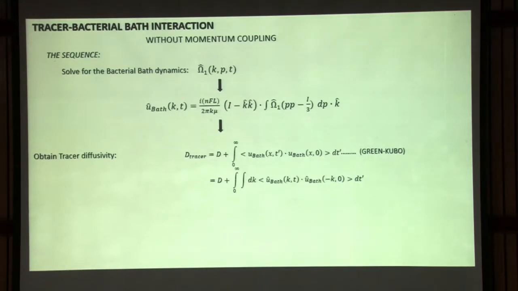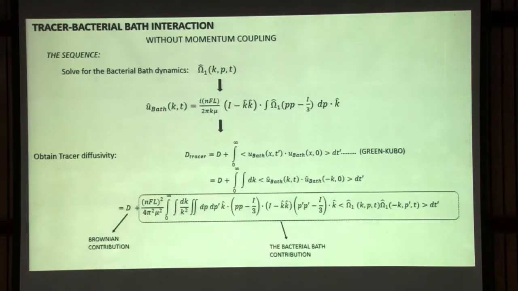From those I have the stress, the Fourier transform stress, which gives me the bath velocity field. That bath velocity field, when substituted into the velocity autocorrelation, gives me the tracer diffusivity. That's the bath contribution to the diffusivity, which involves the average of two of those fluctuating probabilities.